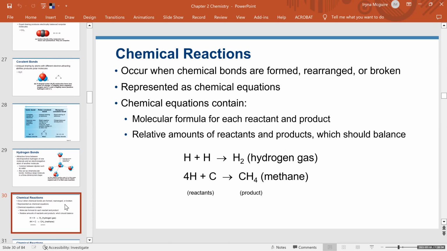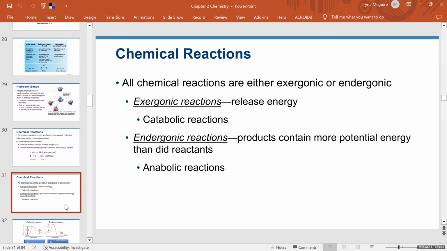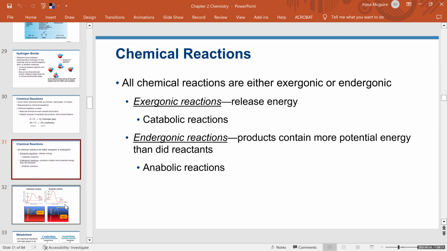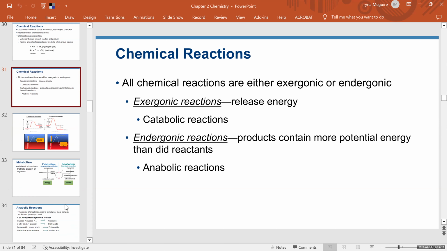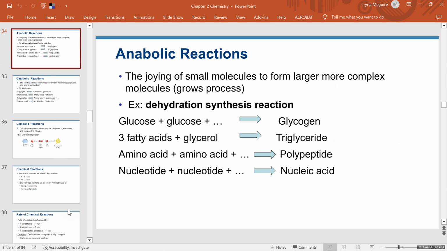In a chemical reaction, you have reactants and you have products. Now, all chemical reactions can be divided into exergonic, which release energy, or endergonic, which store energy. Another name for exergonic in biology is catabolic, and for endergonic, anabolic reaction. And when you sum all these reactions in your body, that's what you call metabolism, right?